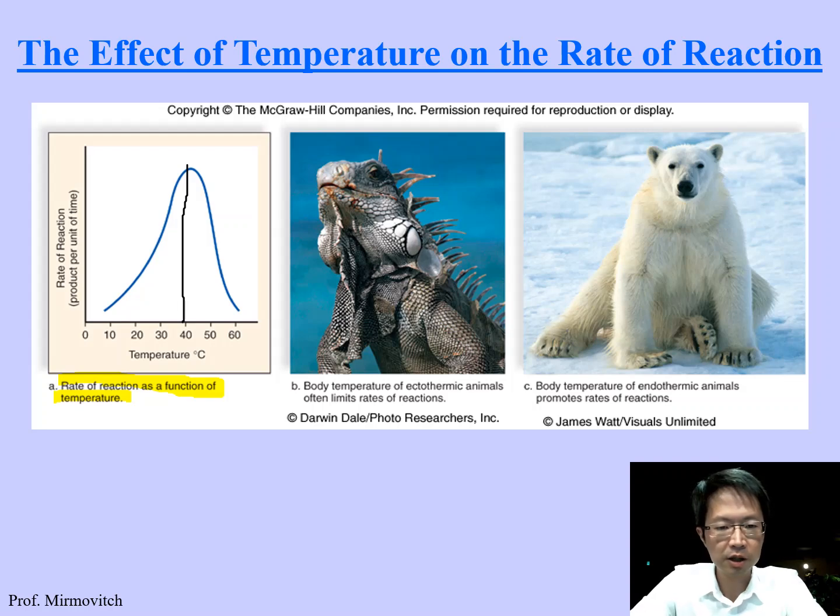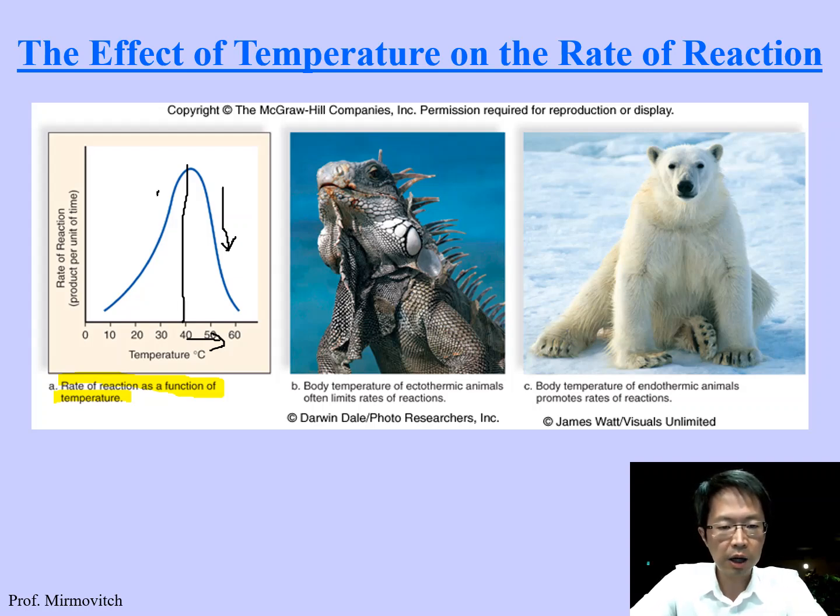It is approximately 37 degrees Celsius, because our body temperature, 37 degrees Celsius, is the optimal temperature for our body enzymes to work. If there's any change in the body temperature, let's say it increases and you have a fever, then it will decrease the rate of the reaction because the protein will denature.